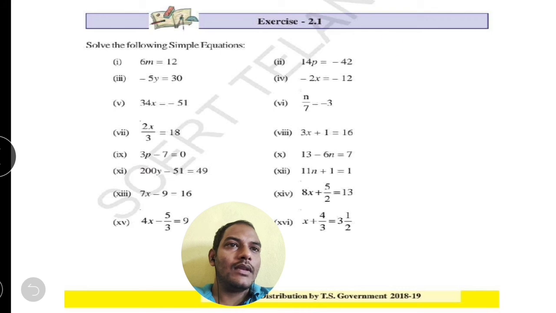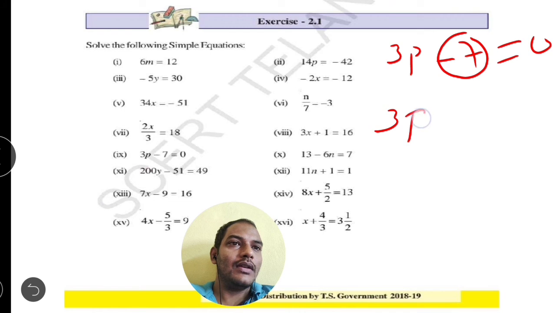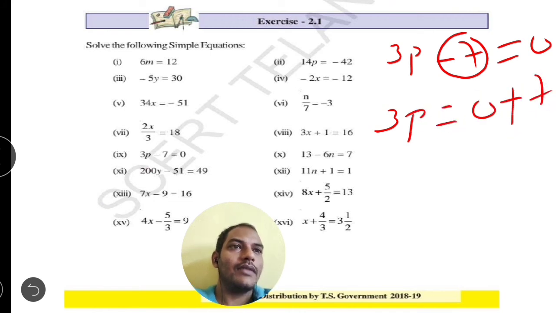the ninth problem: 3p minus 7 equals 0. First, minus 7 is transposed to the RHS side. So 3p equals 0 plus 7, which is 7.